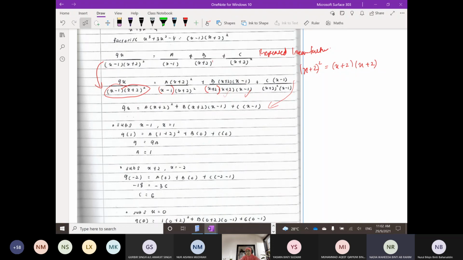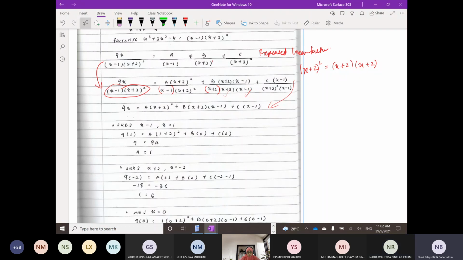Okay. Nadia, what happens when x equals to 1? When we sub x equals to 1, what are the terms that will be eliminated?